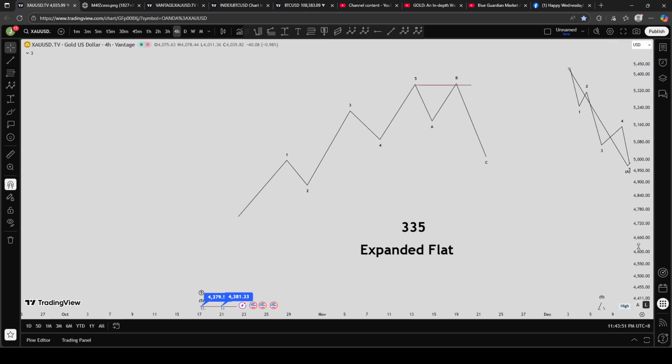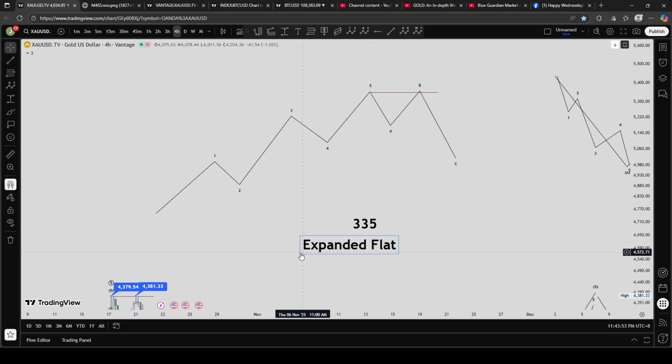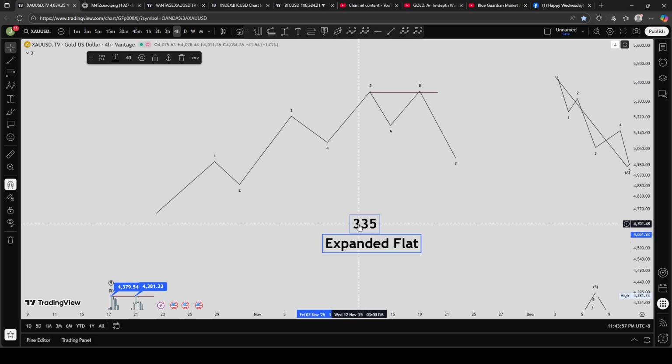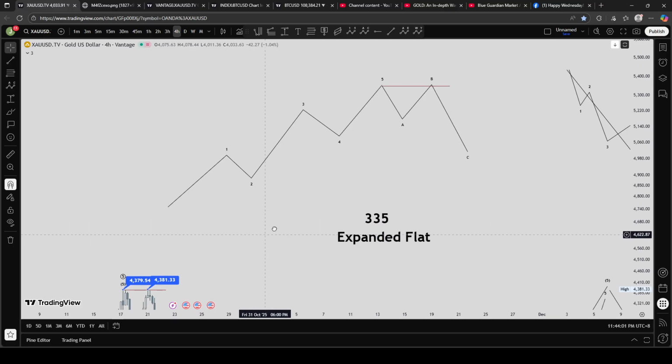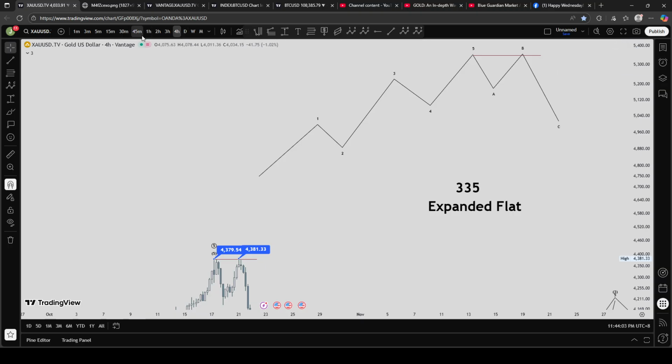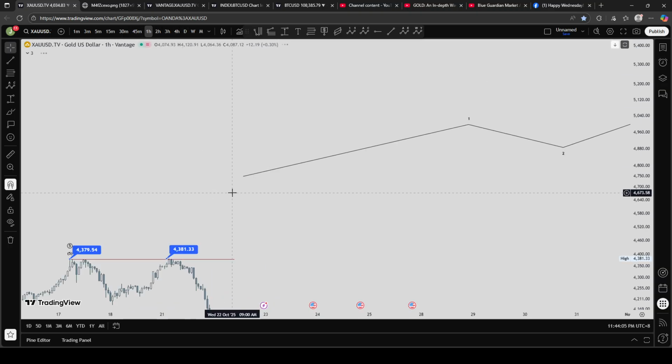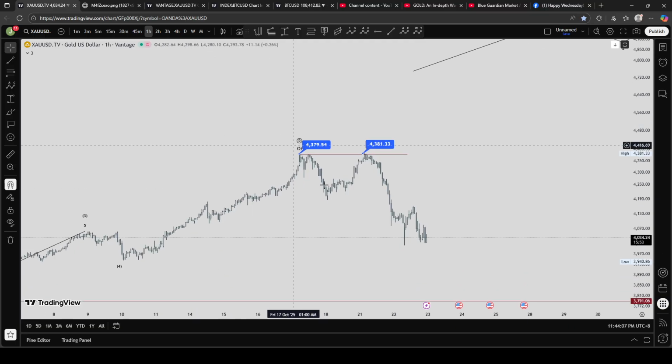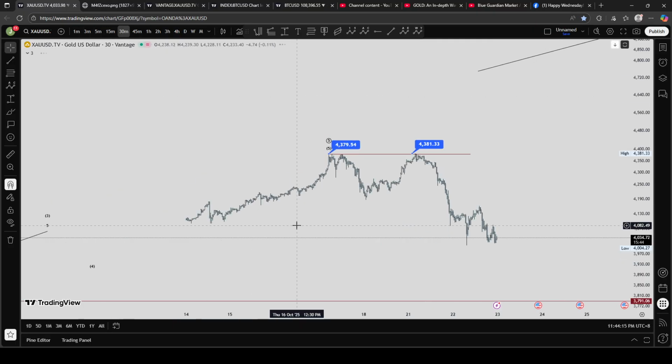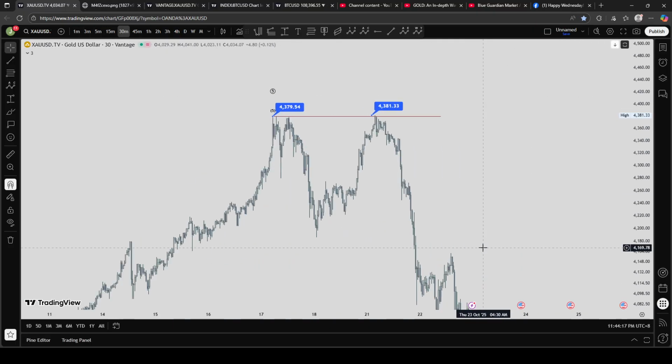Now, to confirm whether this type of correction is really an expanded flat, the wave counting structure should be 3-3-5. Now, from the 4-hour time frame, let me change into the 1-hour time frame for us to see it clearly. Or let me just change it into the 15 minutes time frame.